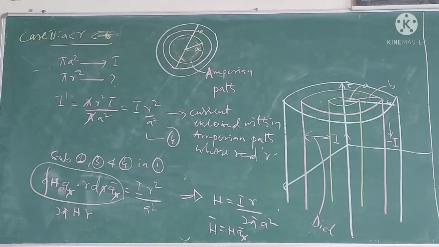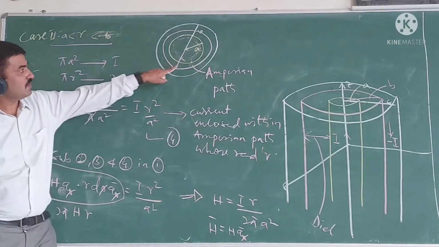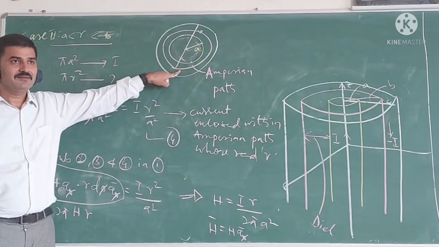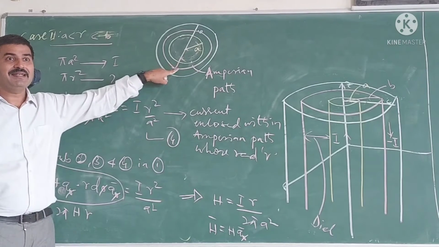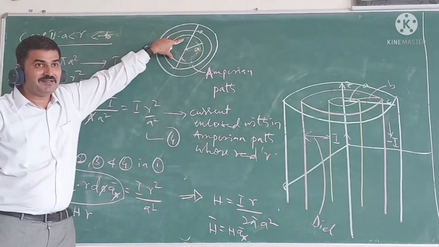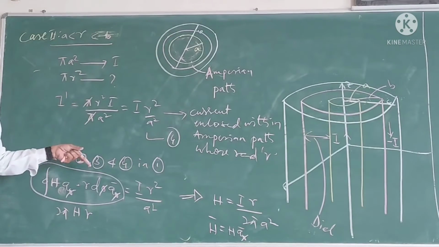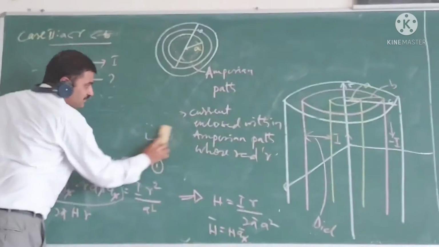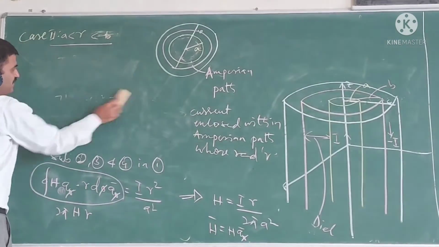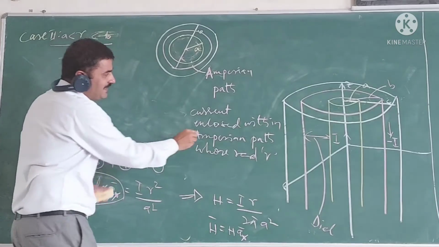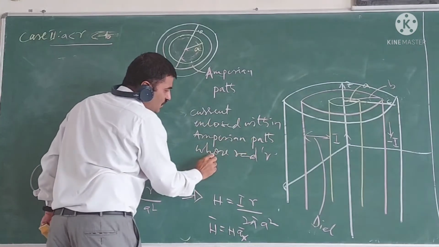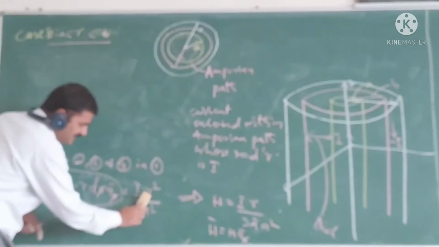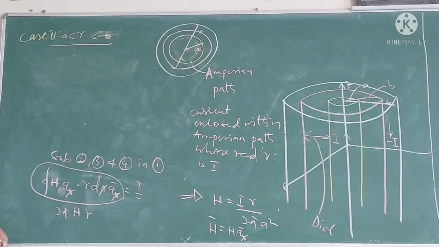What is the current enclosed here? The current enclosed by this Amperian path is I. No need to do all these things. Then just write this as I. Then what do you get?